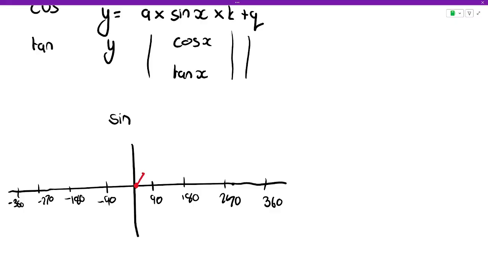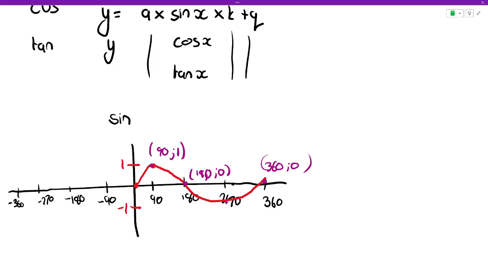That means that it goes up at 90, comes down at 180, and then goes back down. So let's say this is 1, and this is minus 1 here. At 90 it's going to hit 90 and 1. Then at 180 it's going to be 180 and 0.